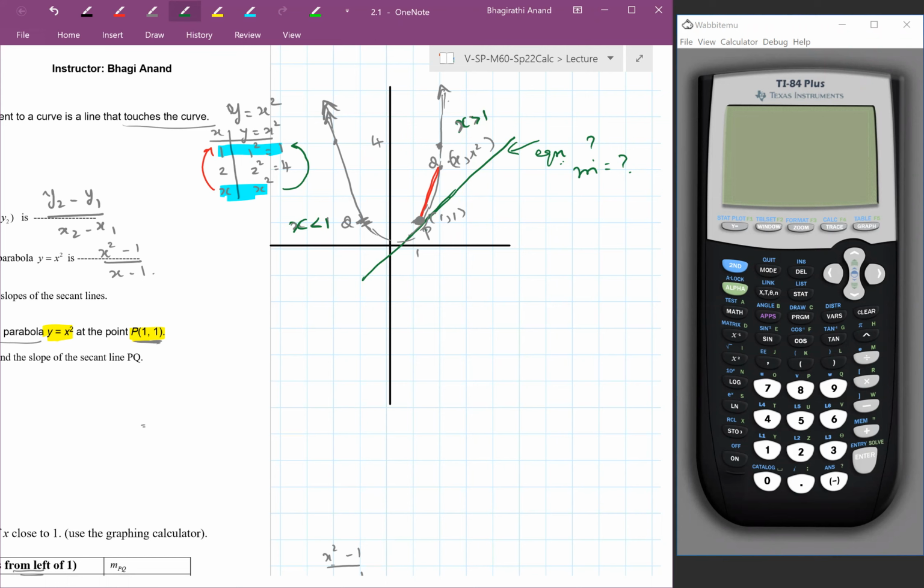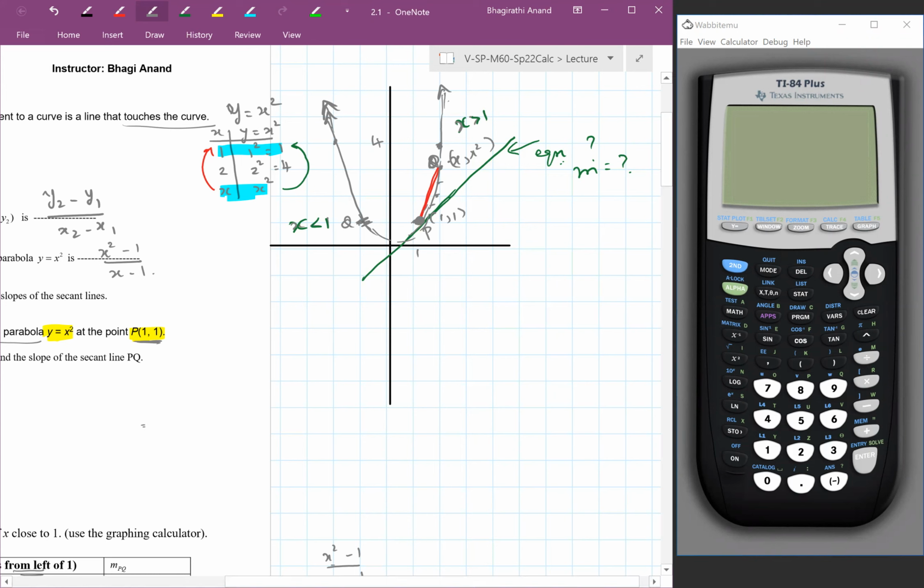So what we are going to do is pick points like Q on the right side of P, and then allow Q to approach P. Each time, we find the slope of that line. We take a point closer, and closer, and closer on the right side of P, and each time we find the slope of the secant line. We do that for the right side, and we have a set of values for the right side slope.